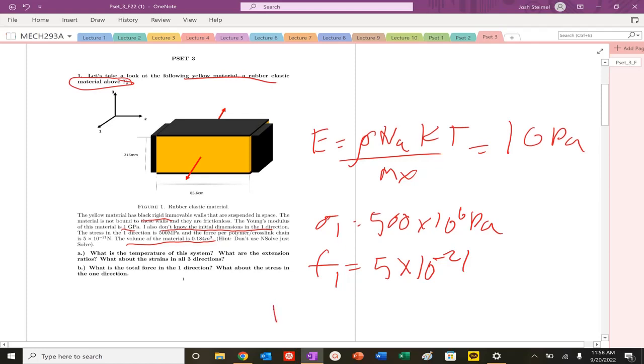So the force per polymer is going to be that value per crosslink chain. All right, and we could get our V naught is equal to 0.184 times 10, and actually it's not 10 to the 3, it's just meters cubed, so ignore that one.